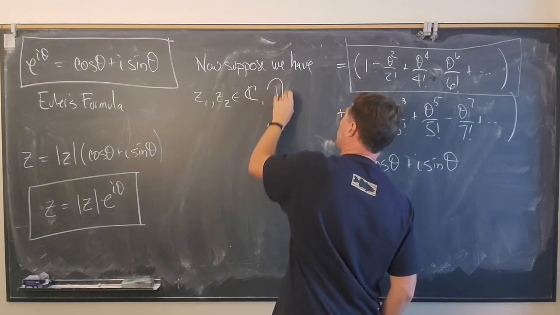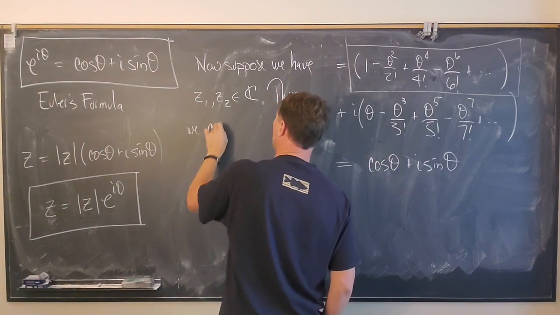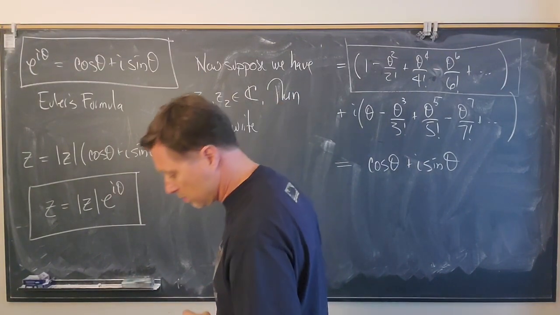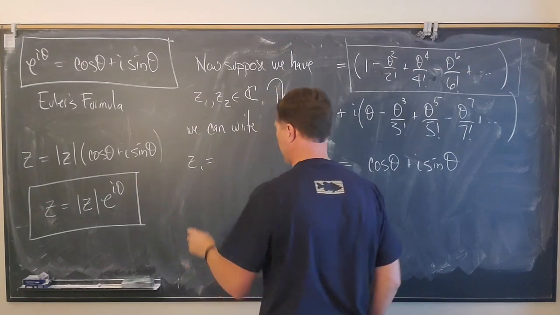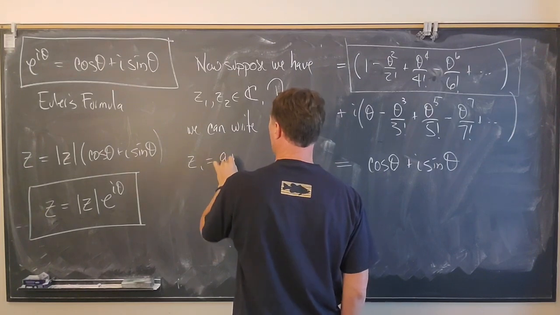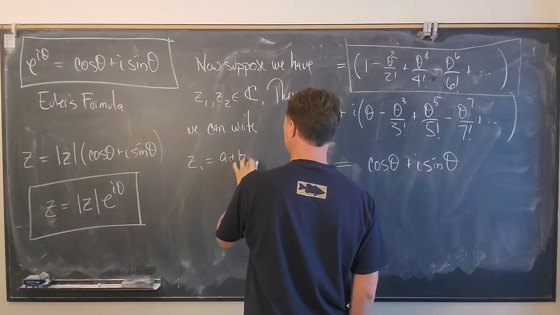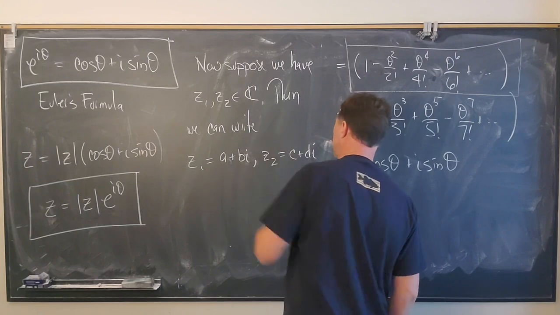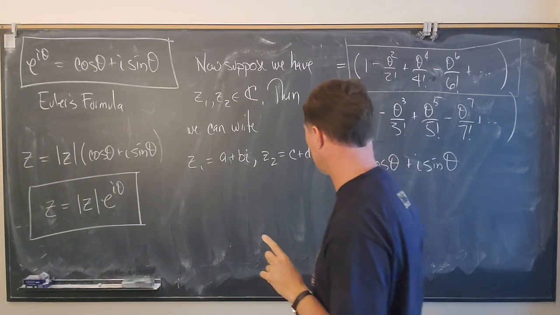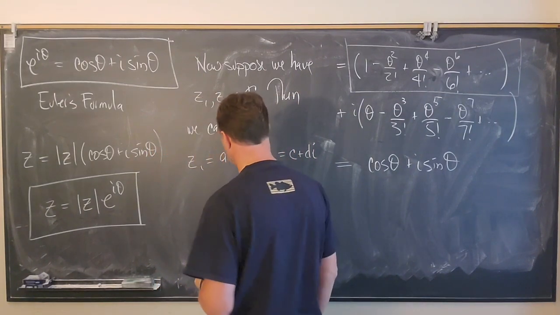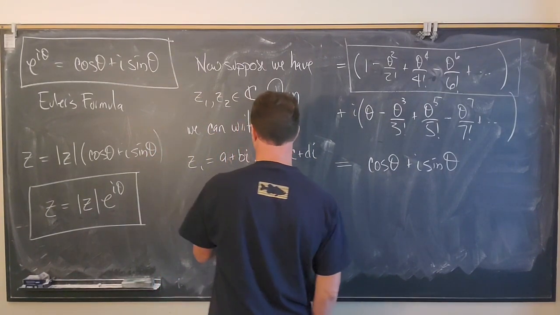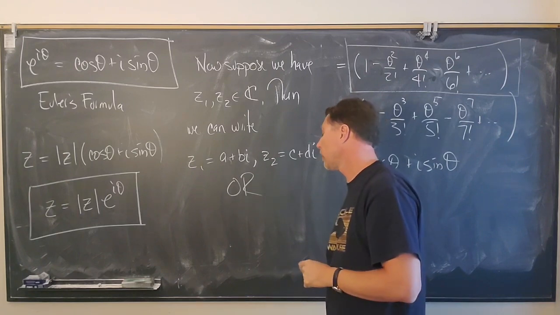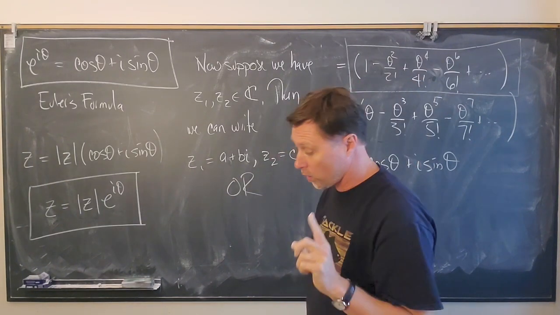Then let's write it out. z1 equals a plus bi, and z2 is c plus di. You can always use the a plus bi, the standard way to represent your complex numbers, or you can use polar coordinates.